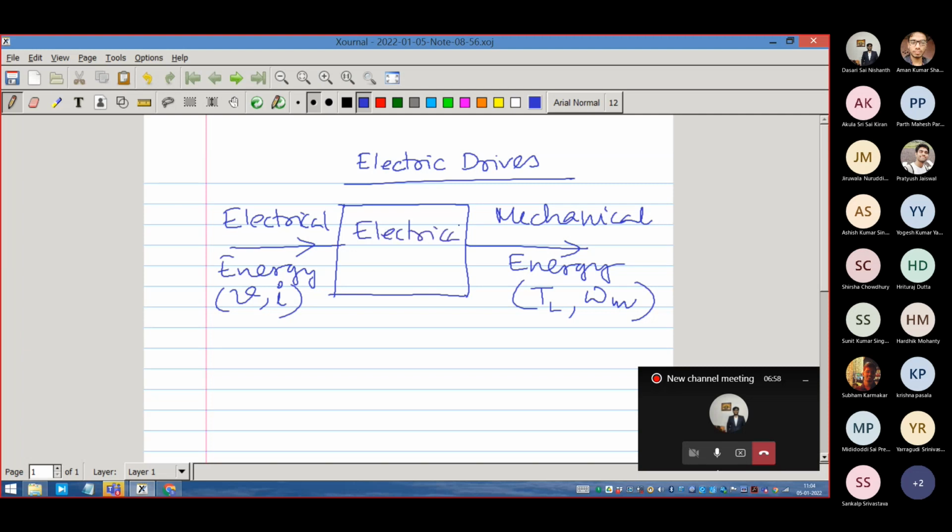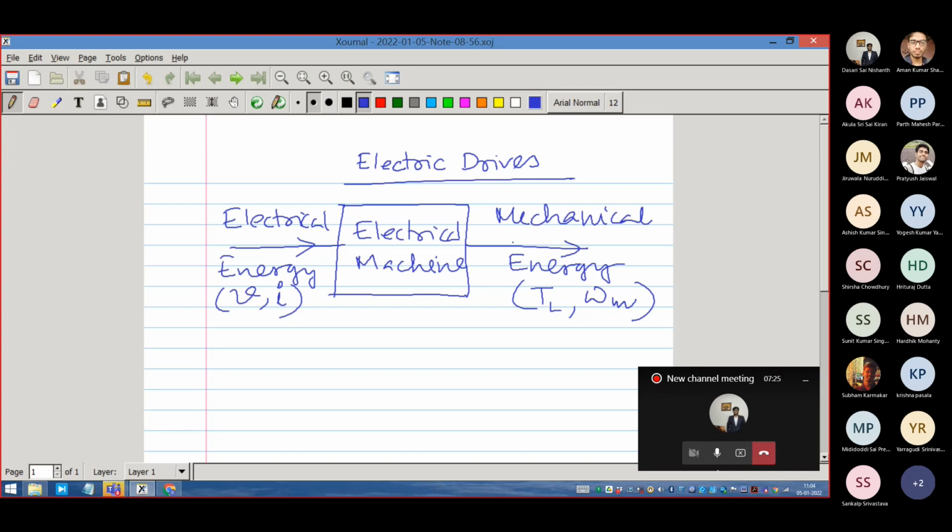It comes in the form of AC machine and DC machine, depending upon the nature of the input of the electrical energy. Input or output, I may sometimes say input, that is the convention, thinking always in terms of a motor. A motor is electrical energy in, mechanical energy out.